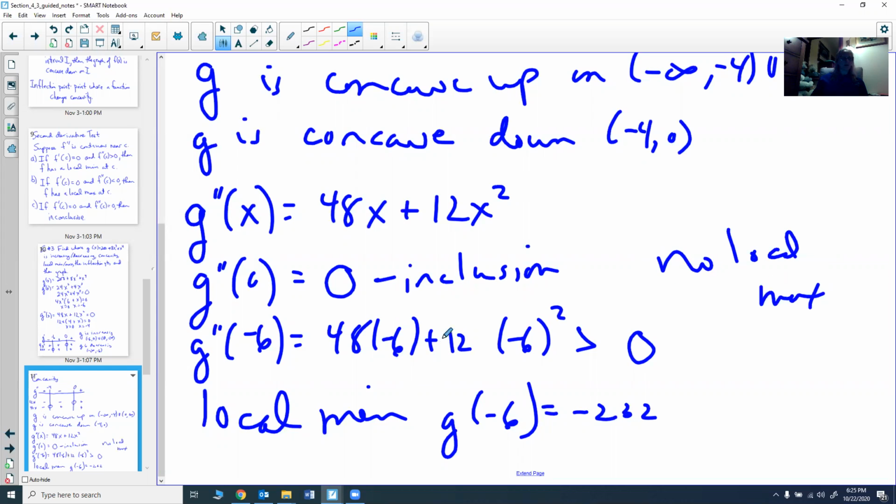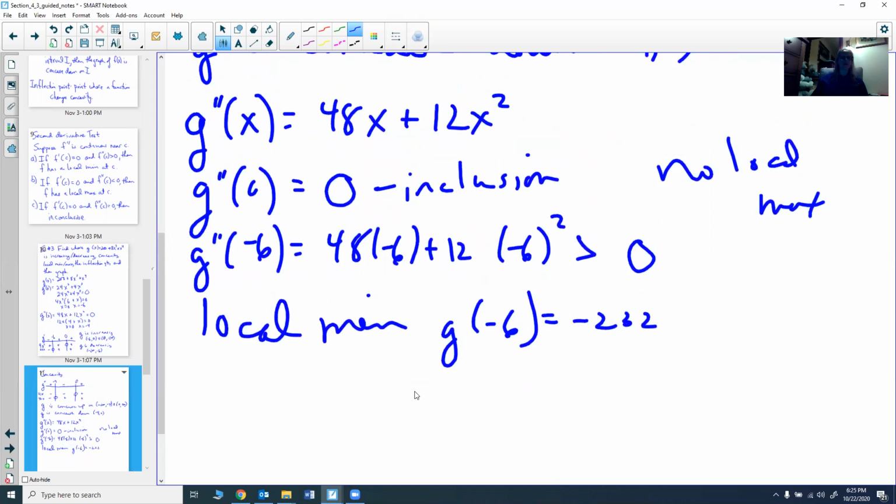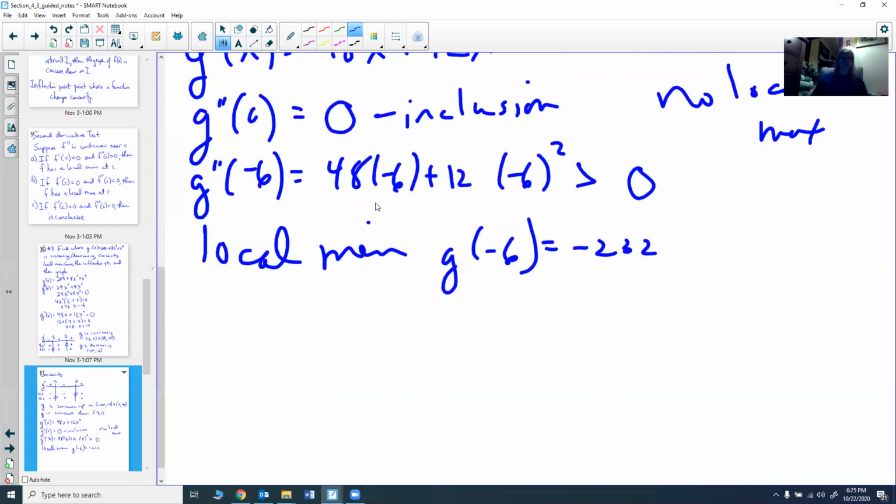The other thing we need to also know are where we have inflection points. Inflection points are wherever we change concavity. So we change concavity at -4 because we went from positive to negative. And then we change concavity at 0 because we went from negative to positive. So we in fact have inflection points.